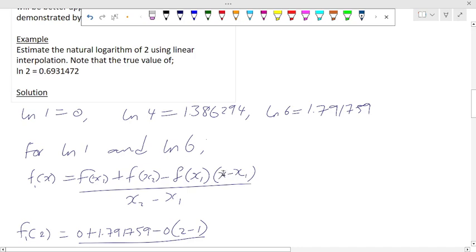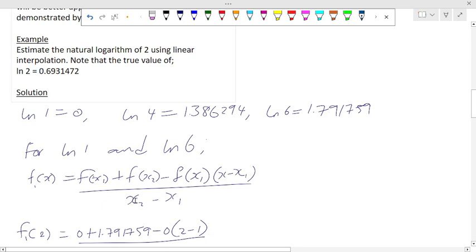x is what? We are looking for ln 2, so x is 2 minus x1. What is x1? It is the value for ln 1, so 1 will be there. When you simplify, divided by x2, which is 6, minus x1, which is 1.